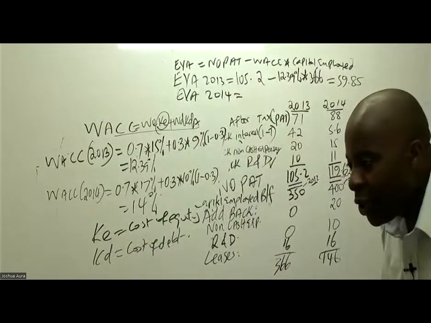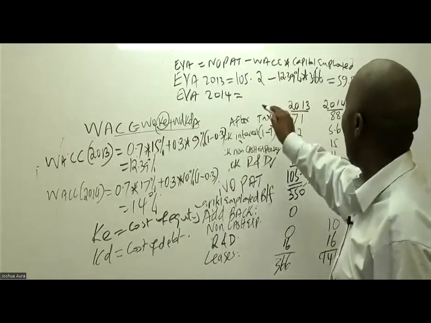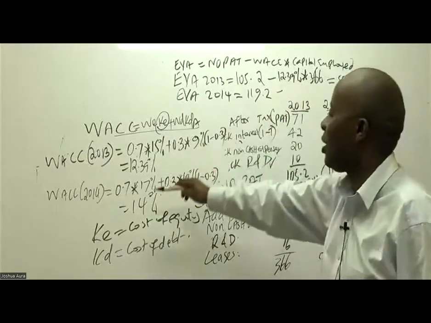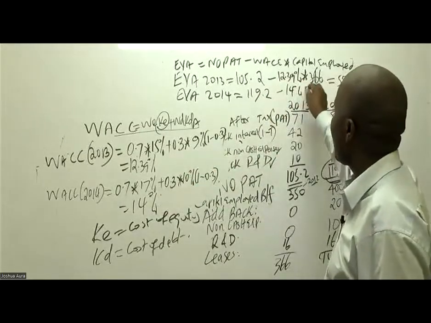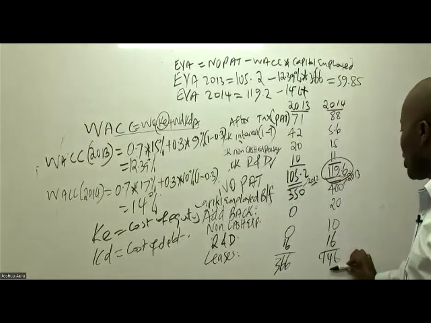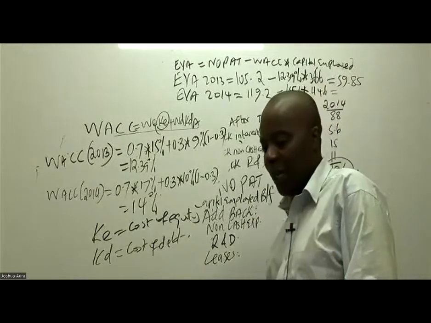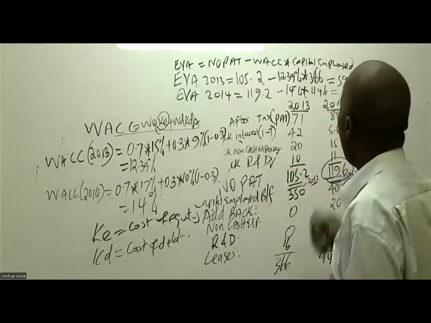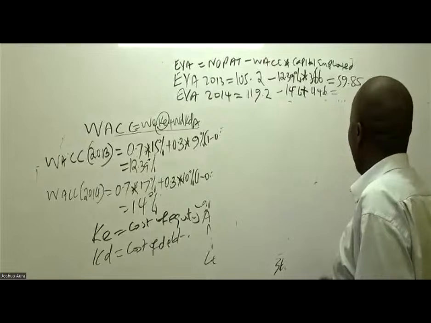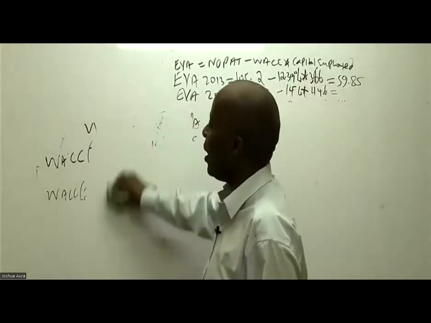For 2014, I can see the NOPAT here is 119.2 minus the WACC for 2014, which is 14%, multiplied by the capital that was employed in 2014, which is 446.